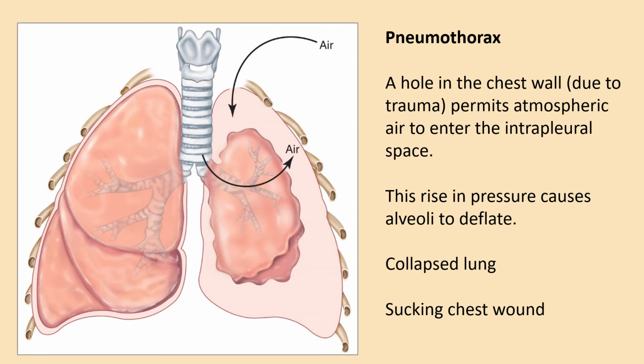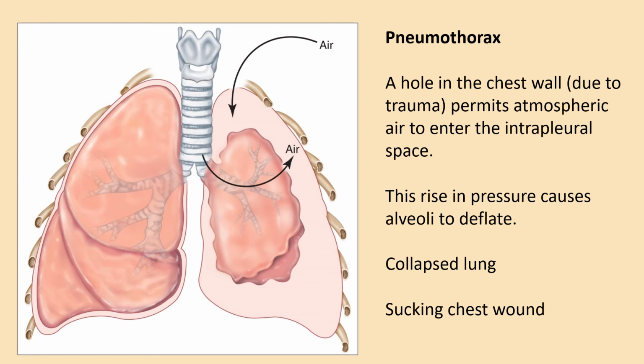Our next disorder is called a pneumothorax. A pneumothorax is a hole in the chest wall that often causes a lung to collapse. When there's a hole, such as from a gunshot wound or a stab, in the chest wall, that allows atmospheric air to move into the thoracic cavity.